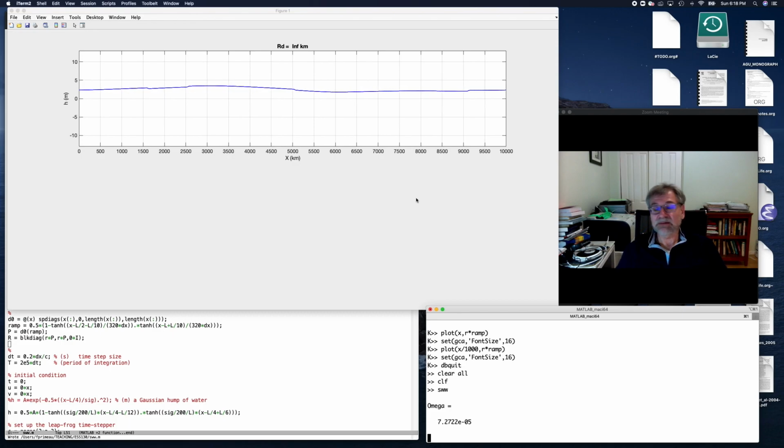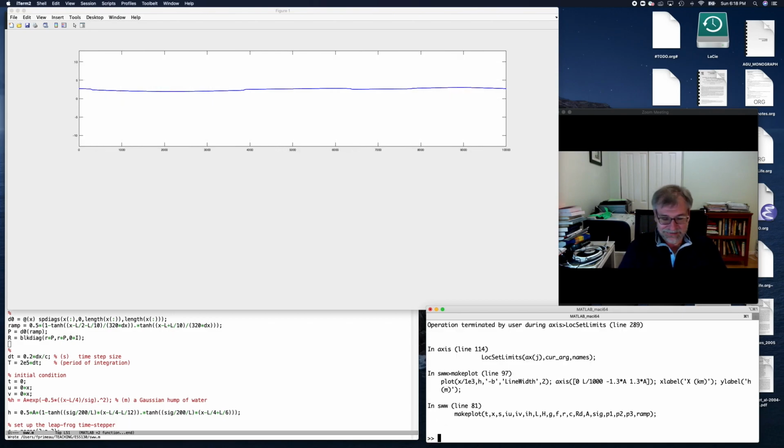And eventually the wave will completely damp out, because every time it's propagating around the periodic domain, it keeps going to this region of high friction and it gets damped out until there will be nothing left. And all you have is a uniform sea surface height, pretty much uniform across the whole domain.